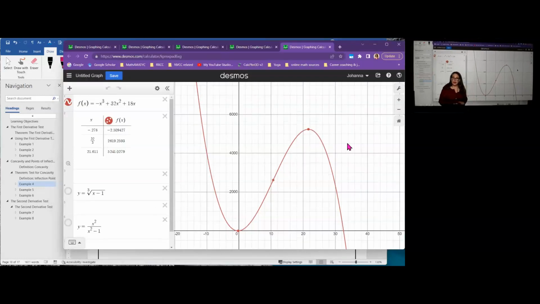Let's now look at the graph and see what it looks like. This is the same graph that we graphed in example 1, but I've added the inflection point to the table. I added the exact value of 32/3, and you can see that I did get 2,619 and about a quarter, actually 0.26. Again, Desmos wants you to find these locations.